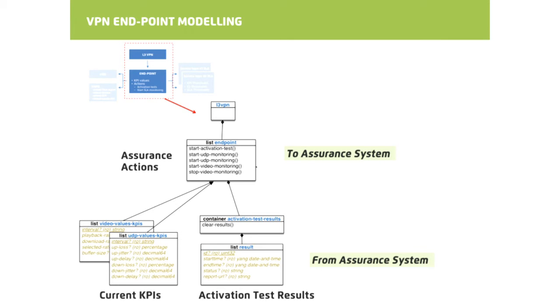If you run an activation test on the endpoint, the data model should capture the output from the assurance system to store the activation test results. More, the endpoint should also have the current KPI values, which are of course read-only, and they are fetched from the assurance systems. So these are typical assurance things that historically maybe have not been captured in Yang data models, but it works perfectly.